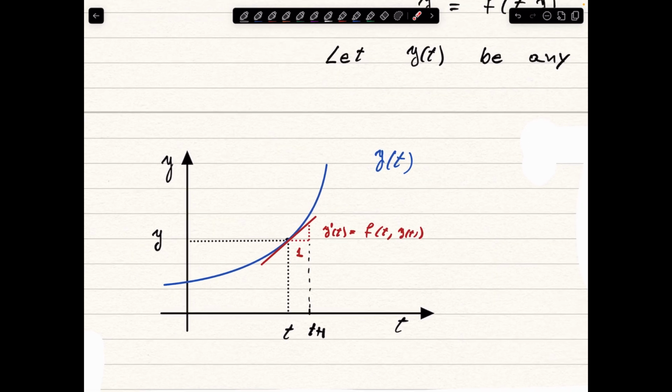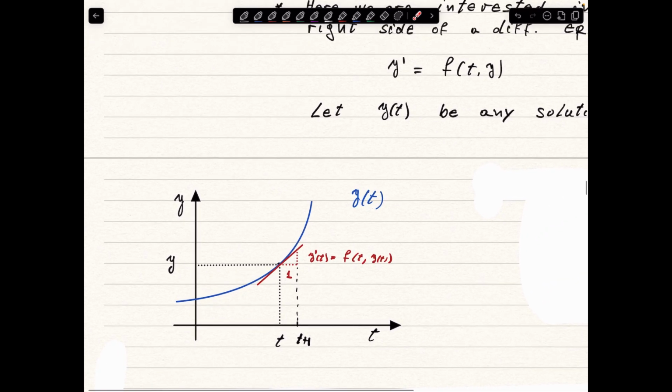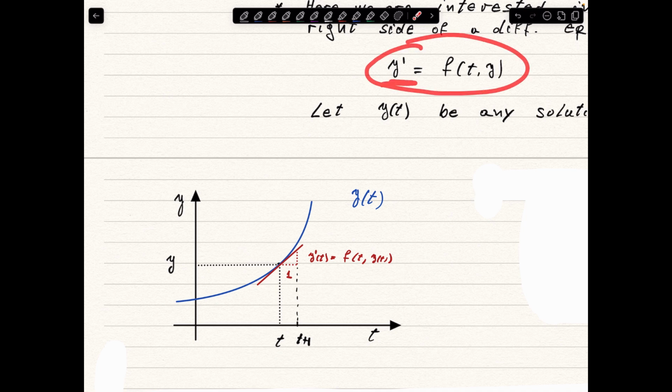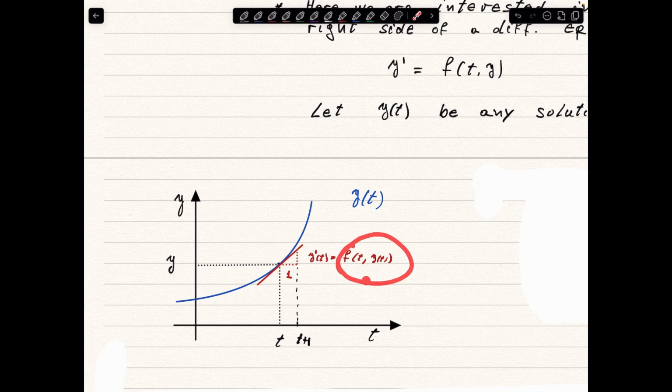But now this function y, we said, is a solution of this differential equation. So that derivative has to be equal to the value of f at that point. So the length of this segment, that means the slope of this line, is actually the value of the function f.